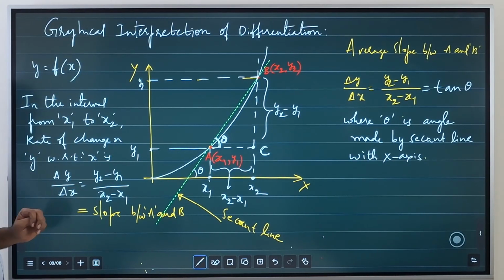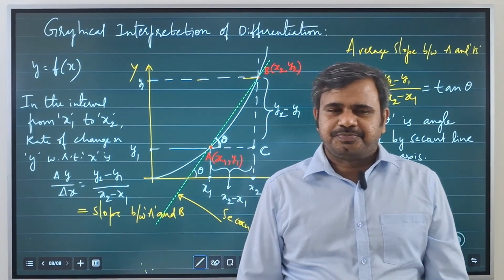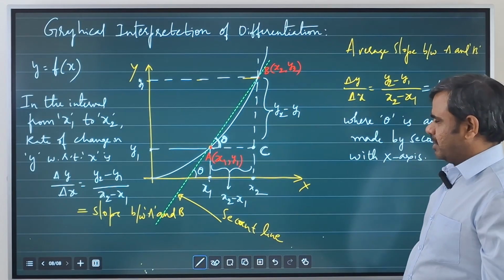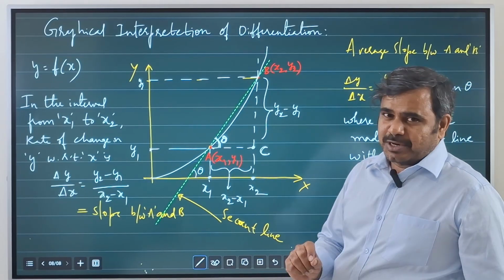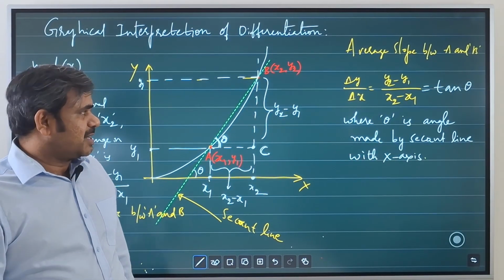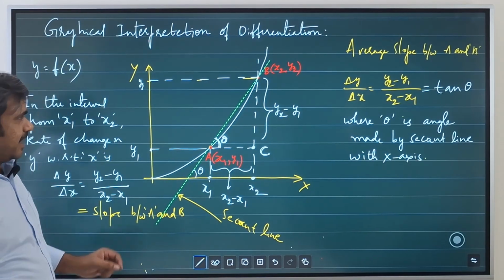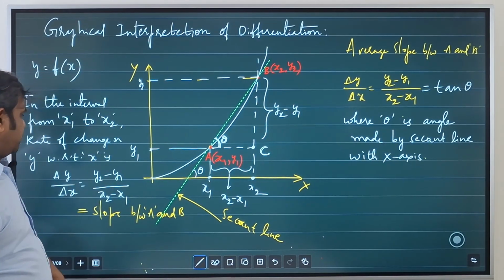This delta y by delta x is the average rate of change in y with respect to x in a given interval of x. But we want to know what dy by dx means on a graph. What is dy by dx? It is the rate of change in y with respect to x at a given value of x.